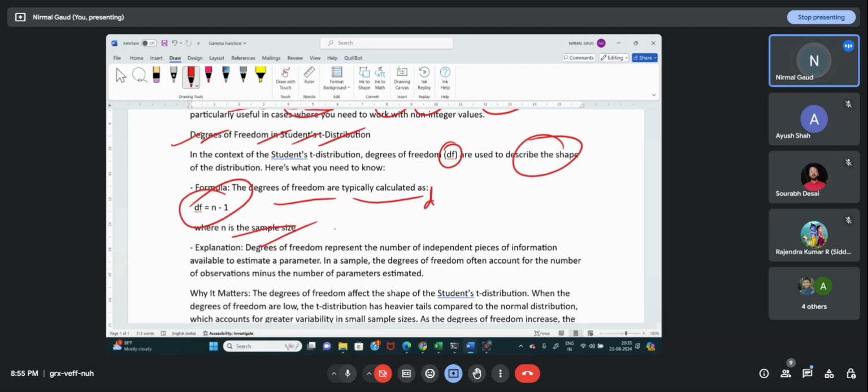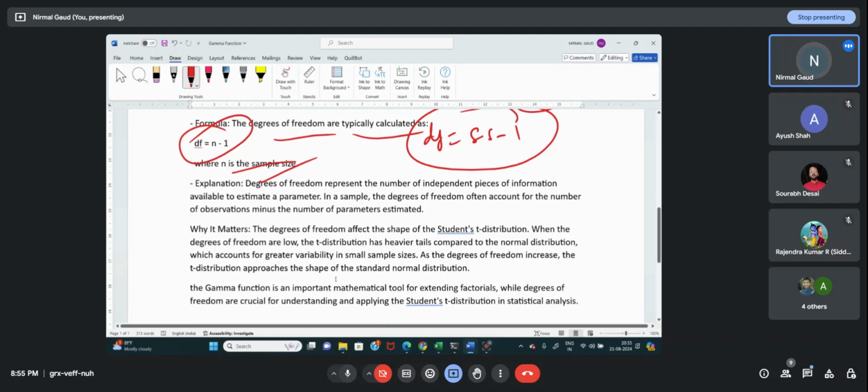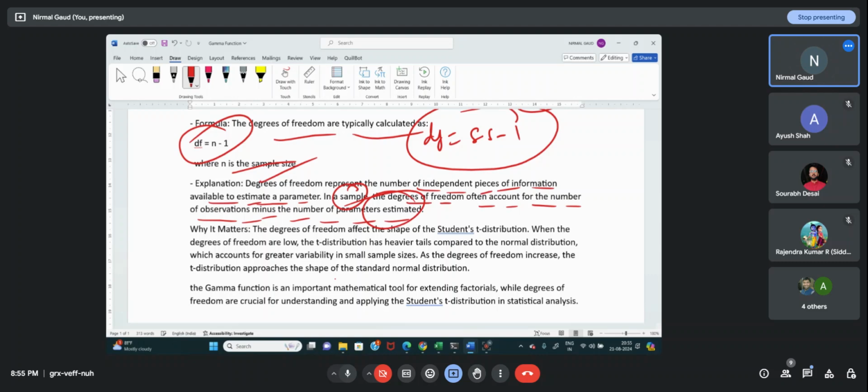So degree of freedom is equal to sample size minus 1. Degree of freedom represents the number of independent pieces of information available. In a sample, the degree of freedom often accounts for the number of observations minus the number of parameters estimated.